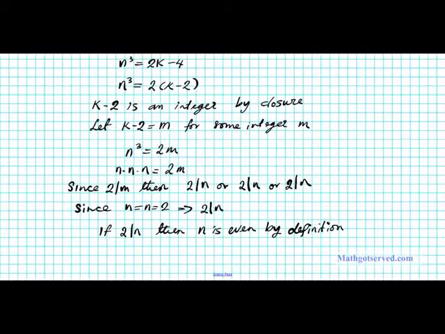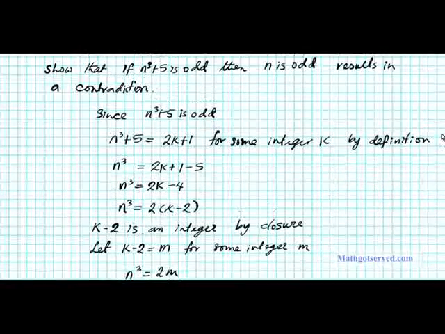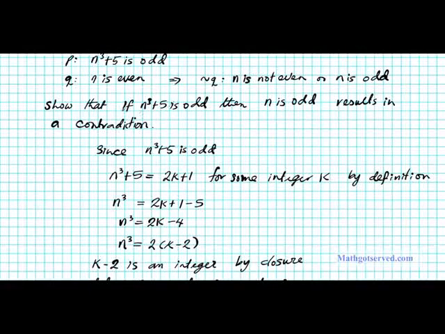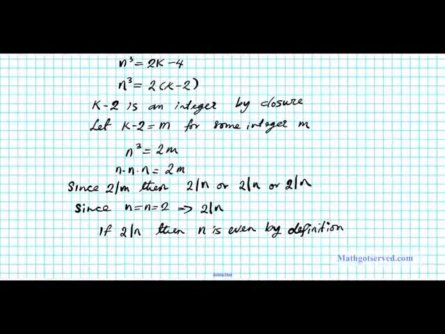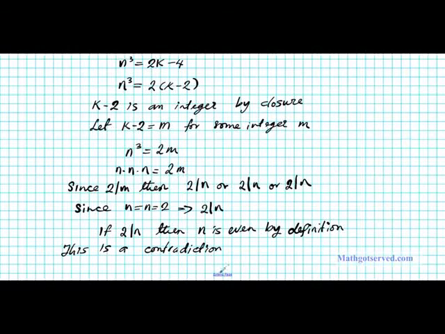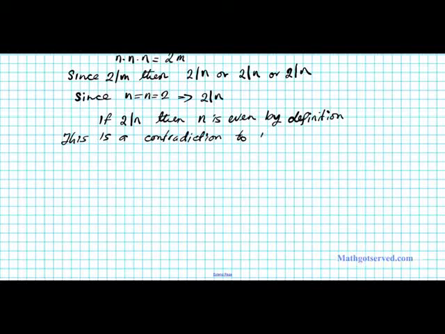All right, but what was the conclusion of the statement that we started with earlier? We said that if n to the third plus 5 is odd, then n is odd. But we started with n to the third plus 5 being odd, and what did we end up with? We ended up with n being even. So this is a contradiction to the conclusion that n is odd.